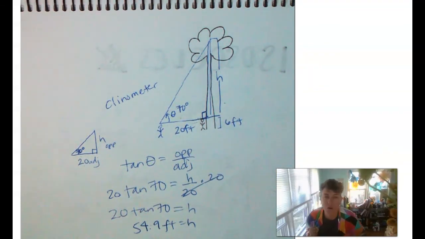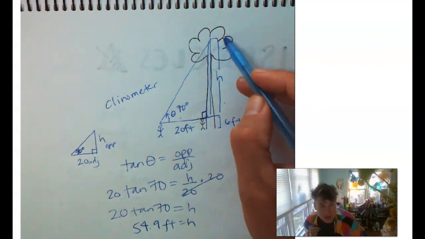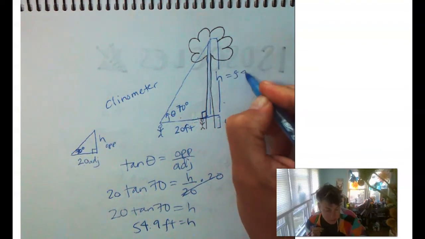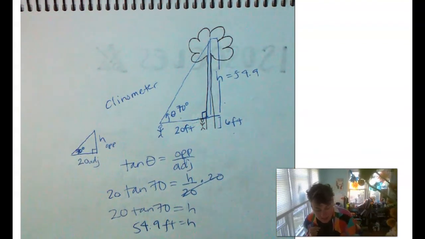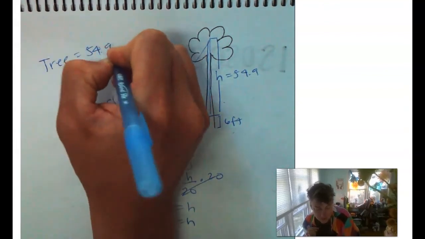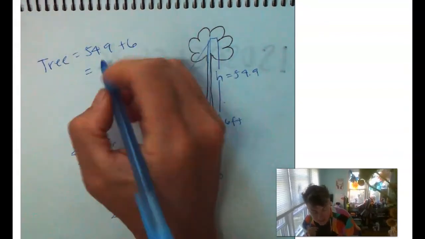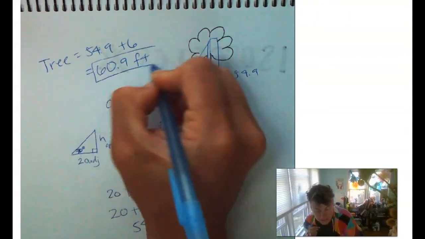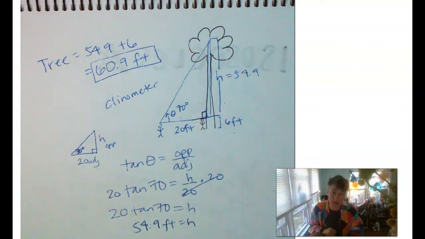So the whole thing, from the top of the tree down to the floor, is 54.9 plus 6, which is 60.9 feet. That is a tall tree!